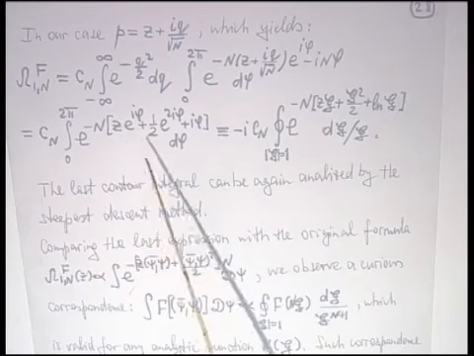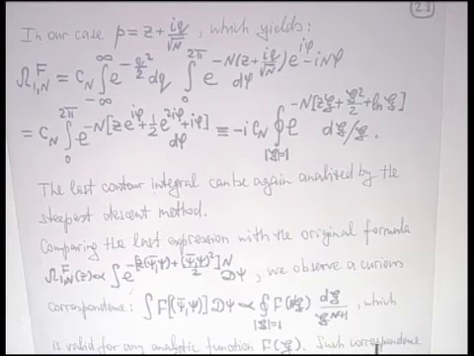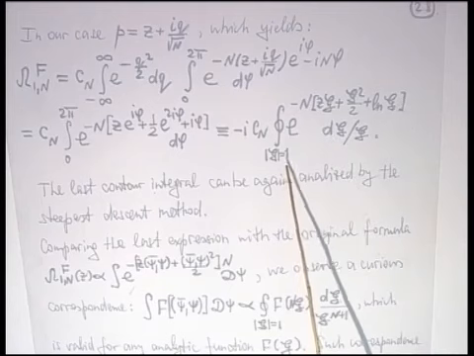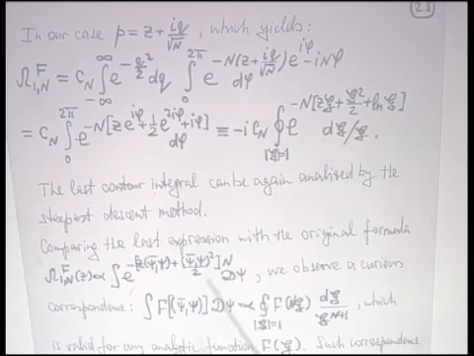Which is useful to write down. I mean, the integral over phi from 0 to 2 pi, one can identically rewrite using just an integral over the contour, which is a circle of radius 1 in the complex plane of variable psi, with an appropriate coefficient in front.